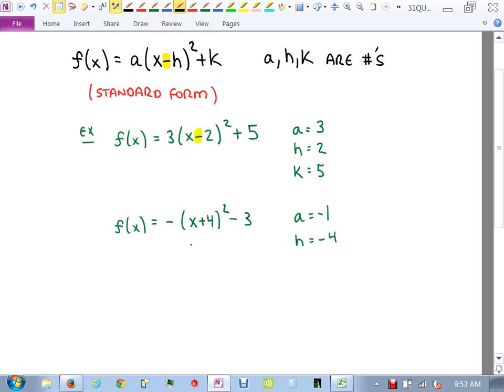You have to look at this x plus 4 as being x minus -4. Isn't x plus 4 the same as x minus -4? Well, let's not get all caught up with that. The way that you can always remember h is always the opposite of what you see. So like up there, wasn't it a -2? So h was +2. Here, the h inside there is a +4, so it's going to be -4 out here. And then what's k? -3. That all right?